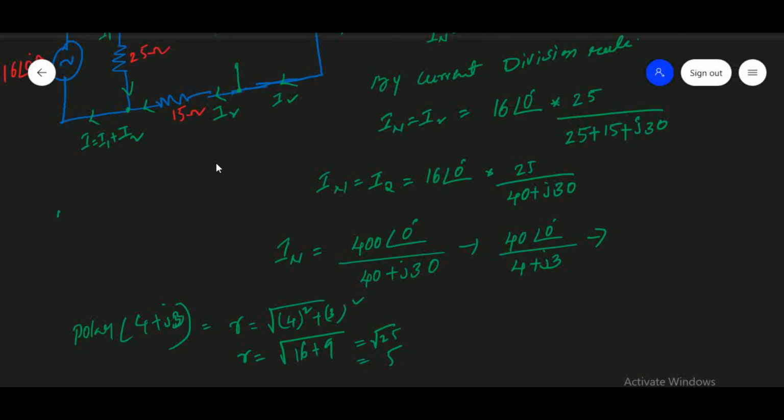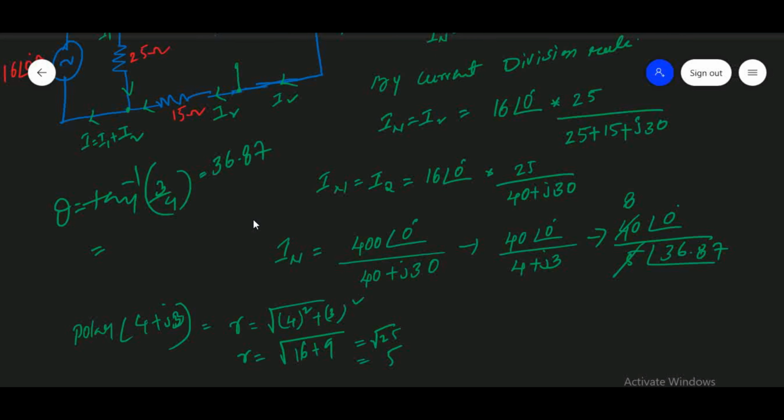Similarly theta is equal to tan inverse of 3 by 4, which is 36.87. Substituting, 40 with an angle of 0 degrees by 5 with an angle of 36.87.